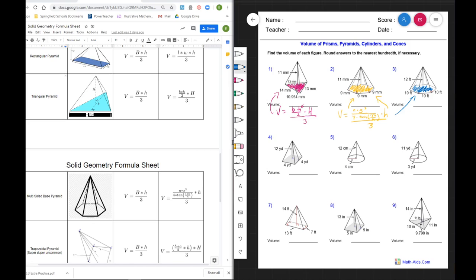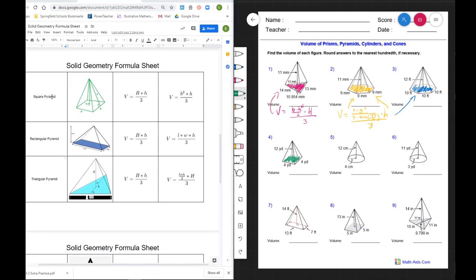Now moving down to this figure, the shape of the base this time is a quadrilateral. We have two different formulas: a formula for a square pyramid and a formula for a rectangular pyramid. In this case, since both the length and the width of our base are the same, we can use our formula for the square pyramid.